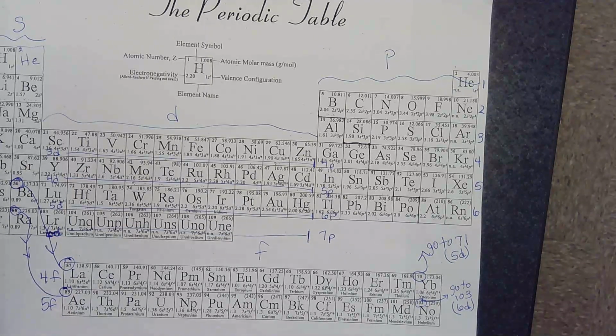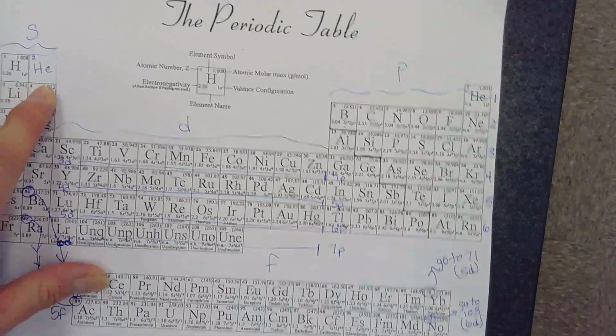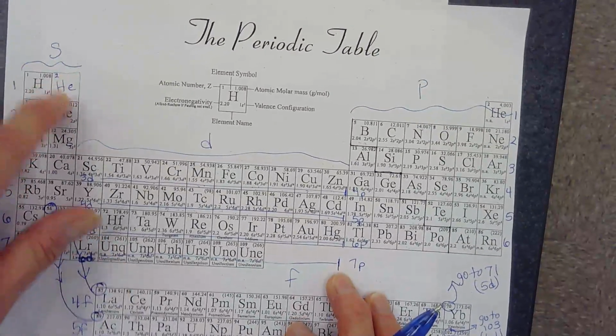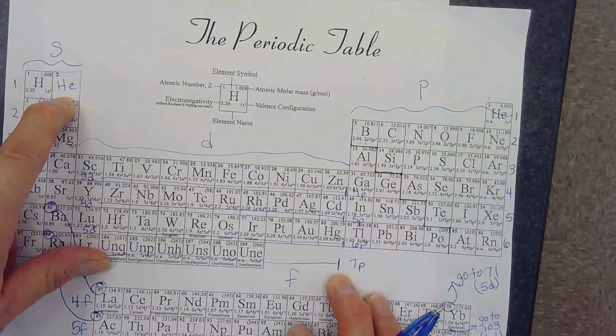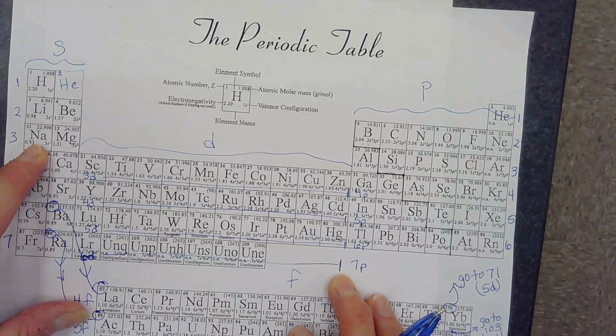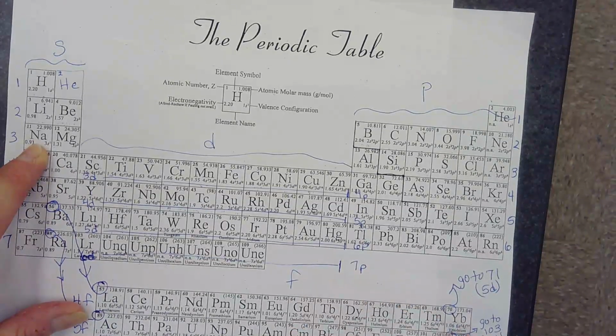So now, why did I put helium over here when I drew it? To show it has 2 electrons in S, and is that full at that point? Yes. Now, how many valence electrons does sodium have? Valence, outer energy level electrons. 1.